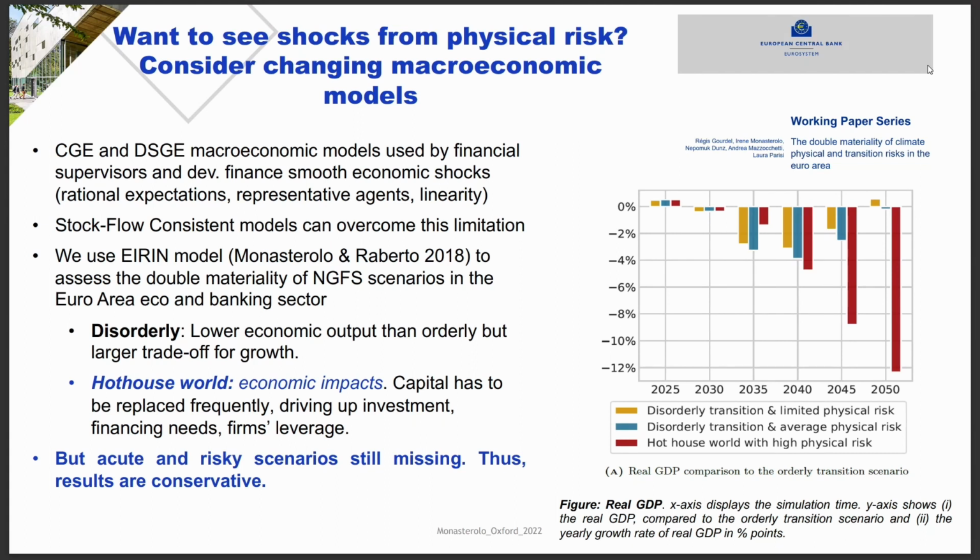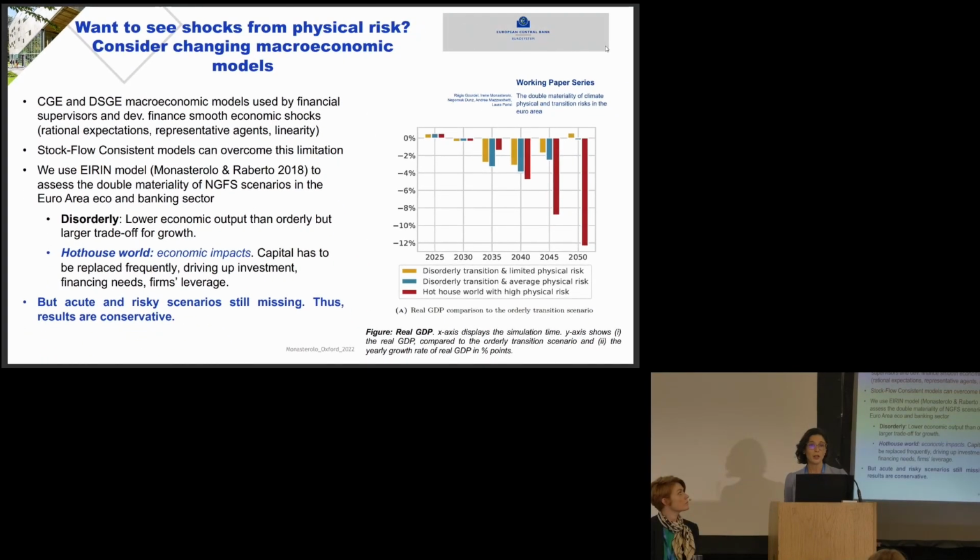The plant level information is then used to shock the economic dynamics. However, when we do so, we need to pay attention to which model we use, because macroeconomic models that are traditionally used by central banks, financial supervisors, financial institutions, like CGE or DSGE, for those who are familiar with them here, tend to average the shocks. Why? Because they have representative agents with rational expectations, and they need to have some linearity in order to solve analytically.